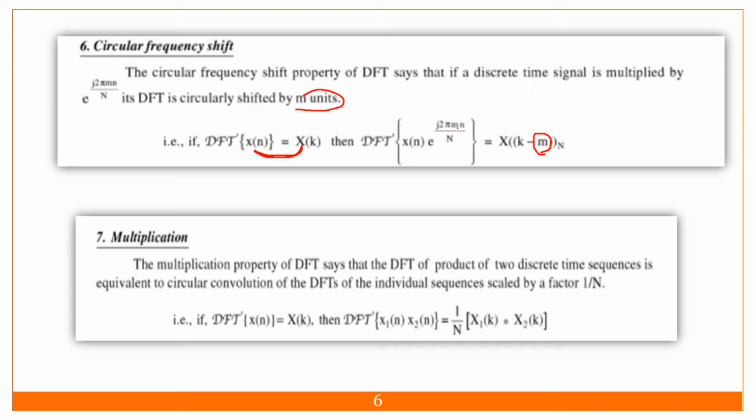Suppose I have the sequence 1, 2 and 3, and from this I get its DFT, something like 1 plus 2j, then 2, and the third is 2 plus 2j. For example, don't consider that this is the correct one.